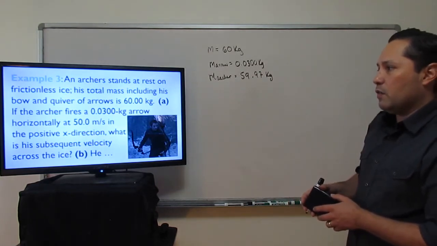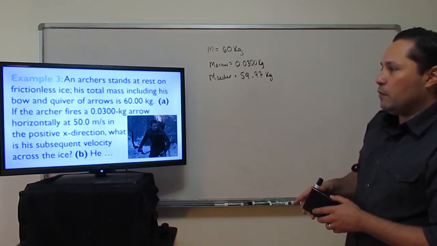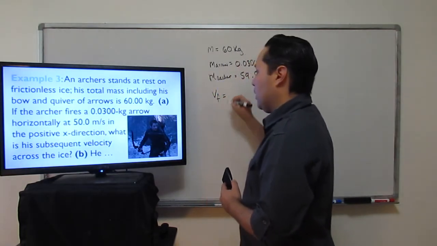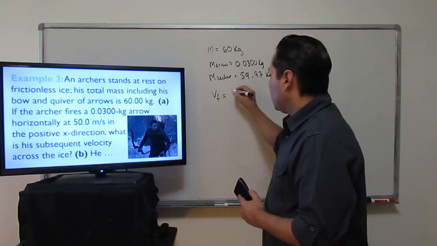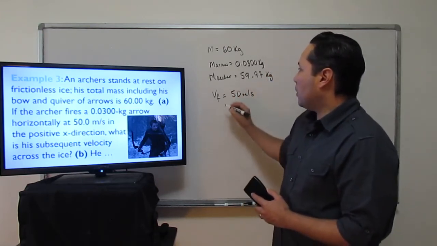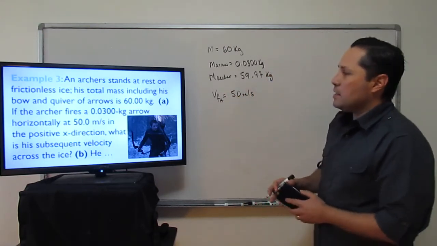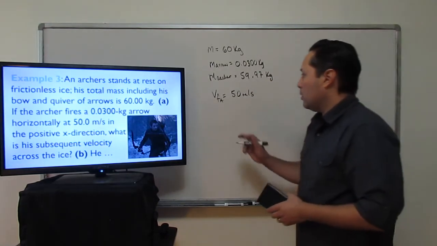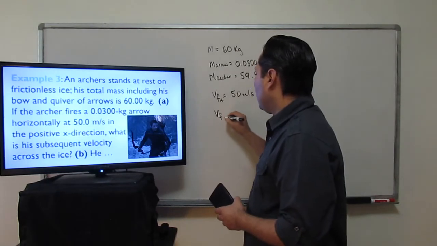Now the velocity of the arrow he fires at, velocity final of the arrow, is going to be 50 meters per second. That is for our arrow. And now the velocity for the person is what you're looking for. Velocity final of our archer.